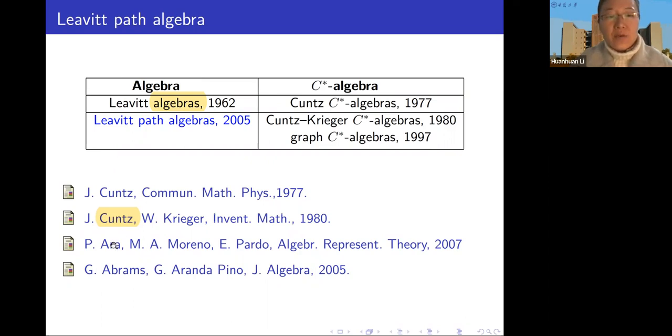Actually, Ara, Moreno, Pardo and Abrams, Aranda Pino introduced the Leavitt path algebra around the year 2005, independently. Leavitt path algebras are the algebra version of the graph C-star algebras.